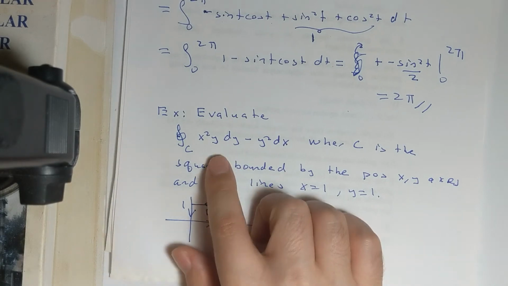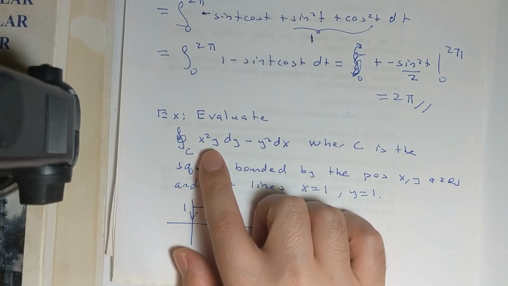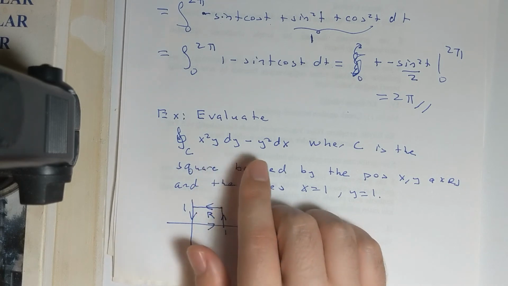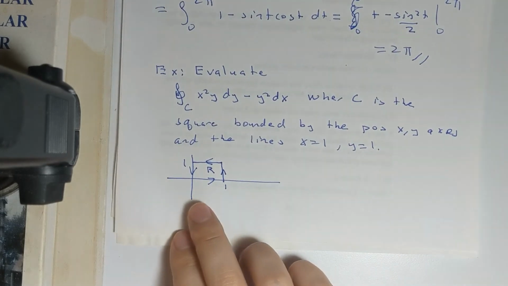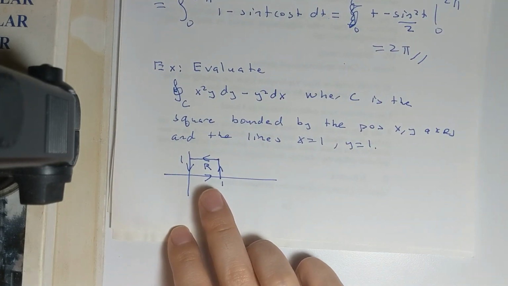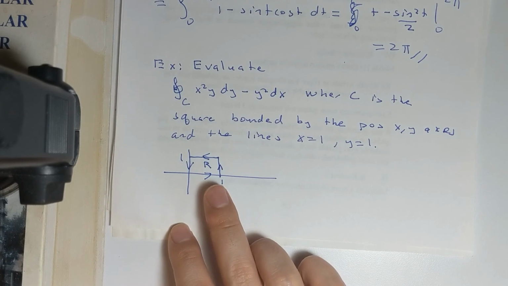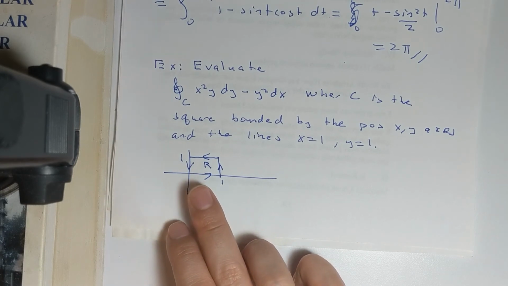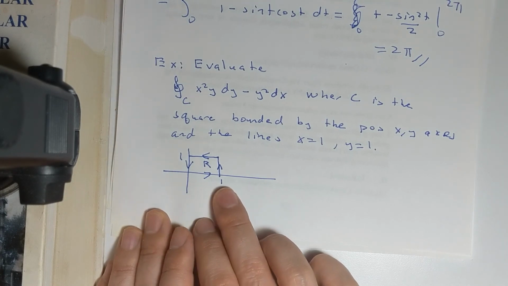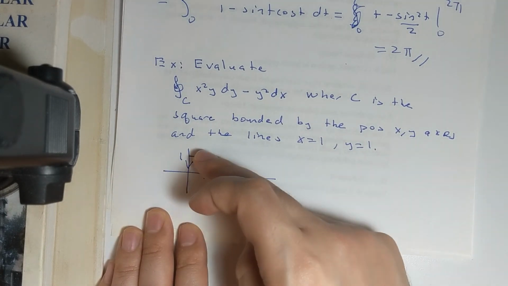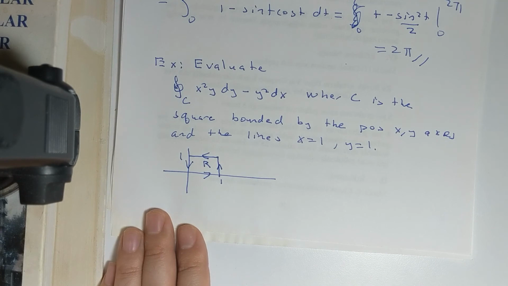So we're going to do, on a closed curve, the line integral of x squared y dy minus y squared dx. This time I picked a square. The corner is at the origin, and it's bounded by the positive x and y axes and the lines x equals 1, y equals 1.